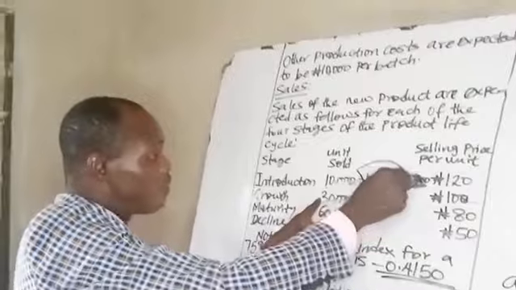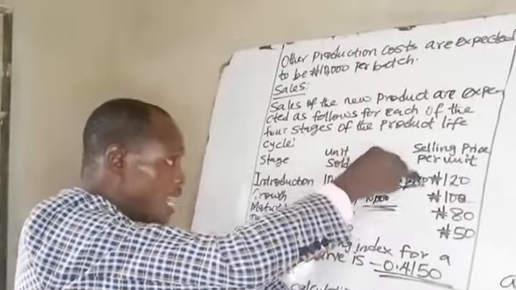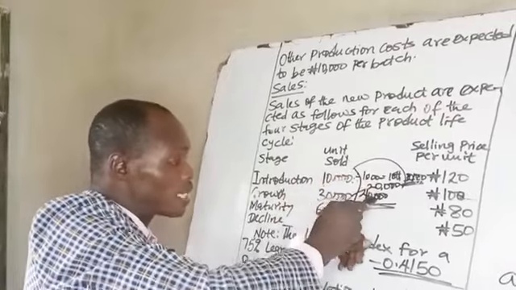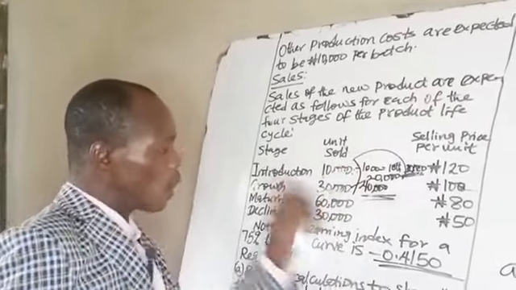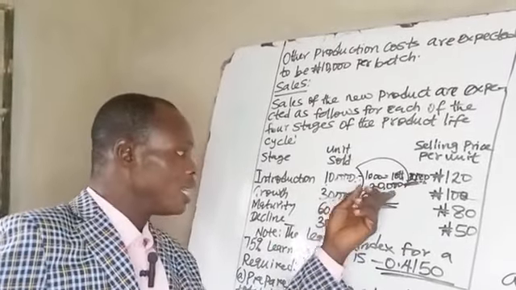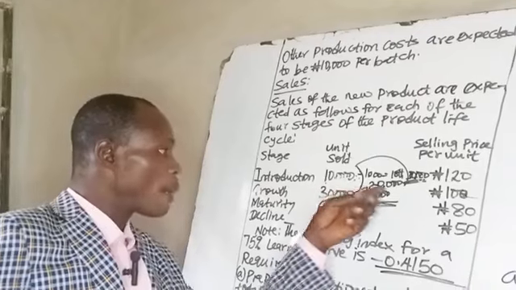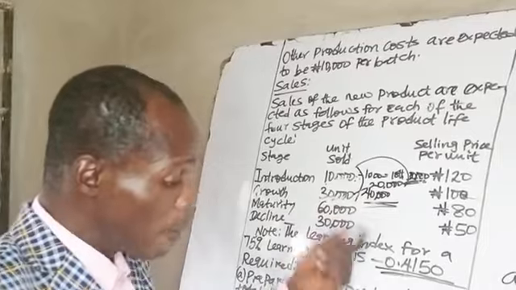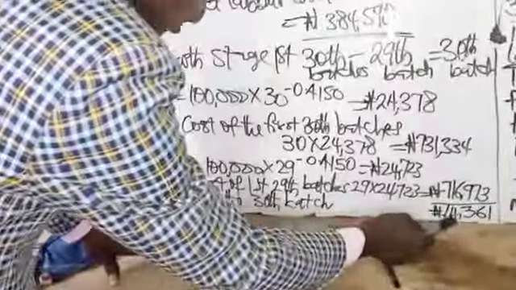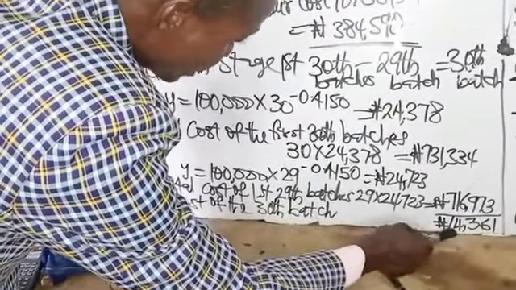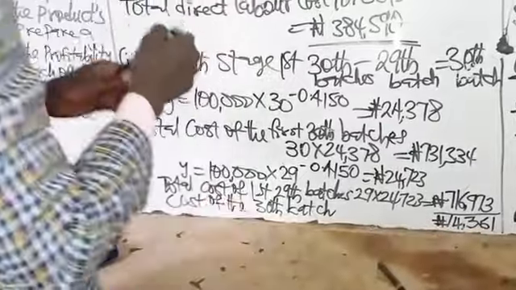After removing the first batches of 30,000, where learning will stop, you will still be left with 10,000 to make this 40,000. So if learning will stop at 30,000, which is 30th batches, then the subsequent production of 10,000 units to make this 40,000, learning is no longer in progress. And you were told the cost will remain at the cost of the 30th batch, which has been determined here, 14,361.